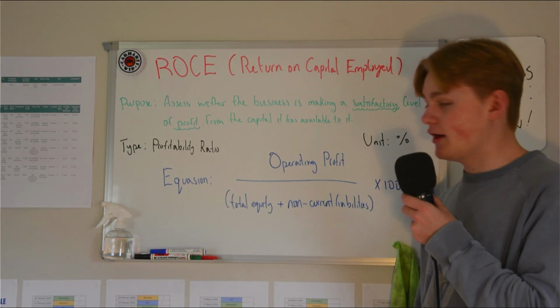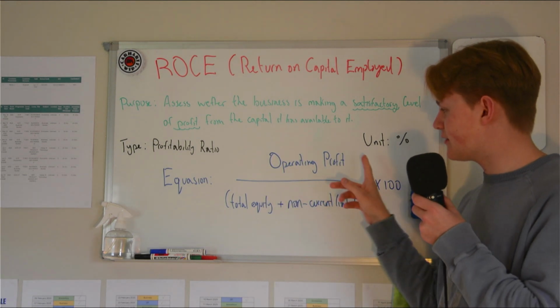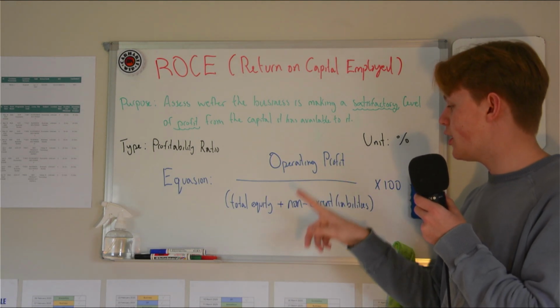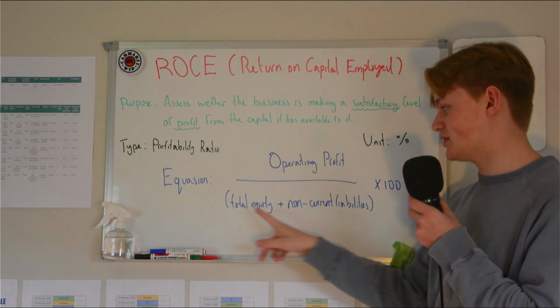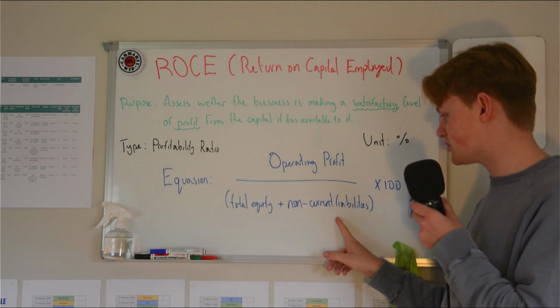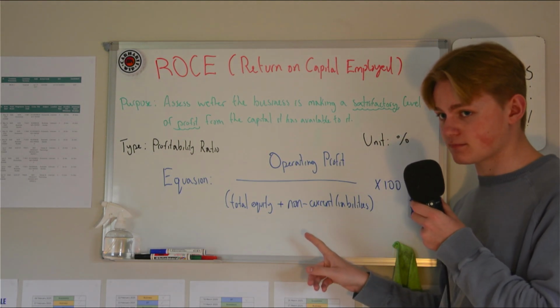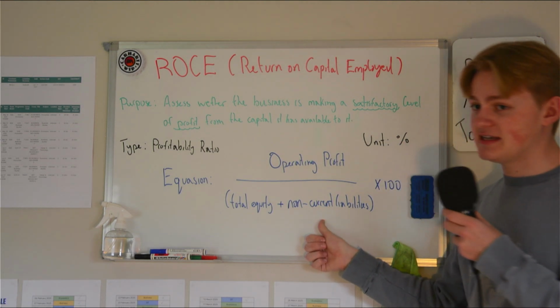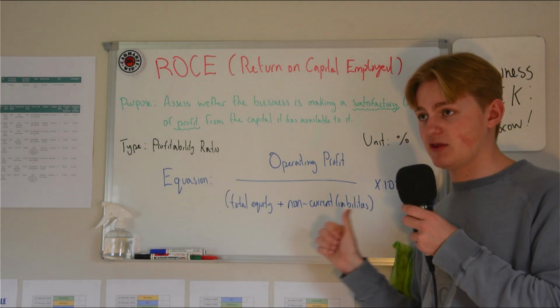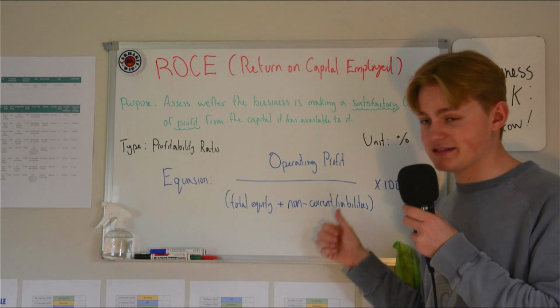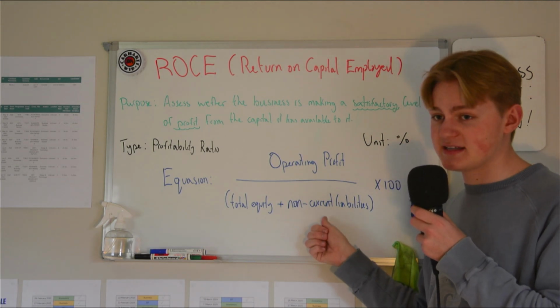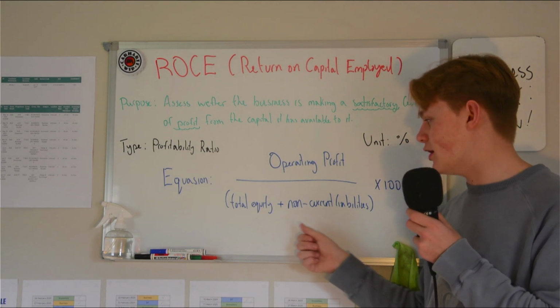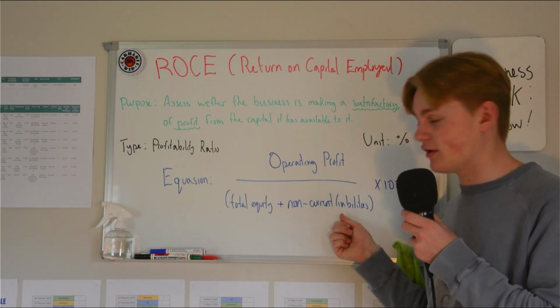we're going to look at, which is all of them, and that is operating profit over our capital employed, which is total equity plus non-current liabilities to equal our capital employed. Now, non-current liabilities is long-term debt, and remember, the only form of non-current liability is a bank loan, but if you're working this out, you'll likely be given a balance sheet where it will be listed as such, non-current liabilities.